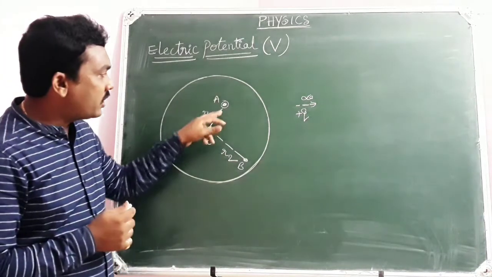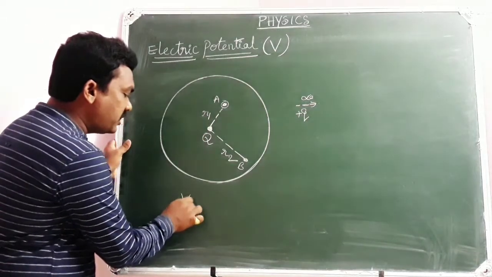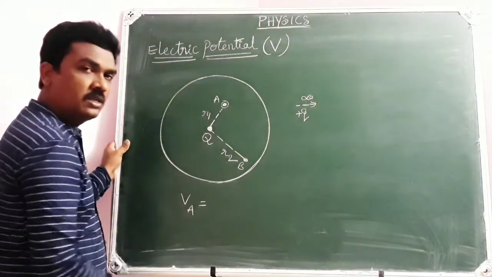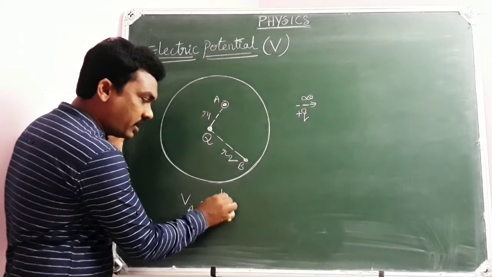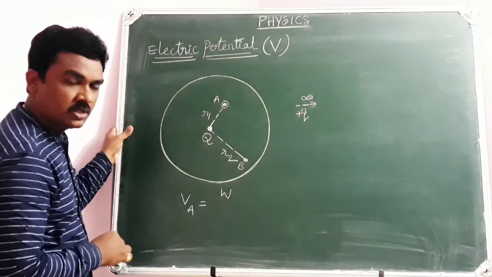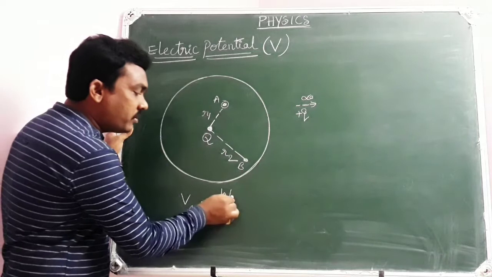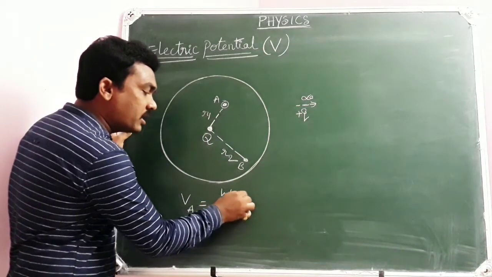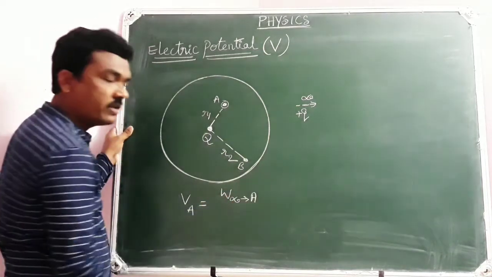Now here, electric potential at the point A is the amount of work done per unit positive charge to carry it from infinite distance to the particular point A in the electric field.